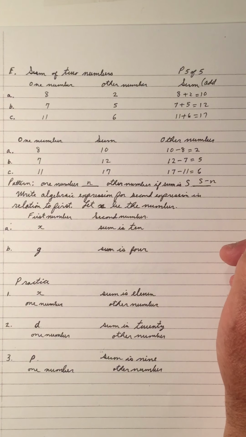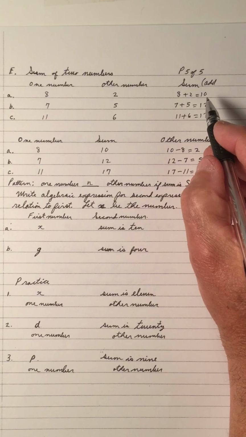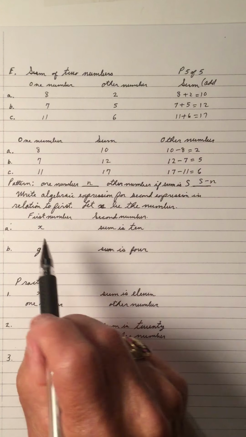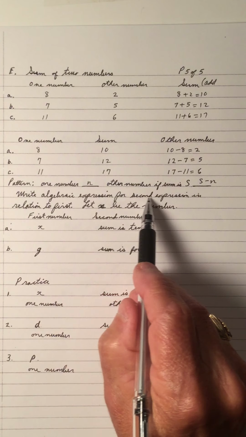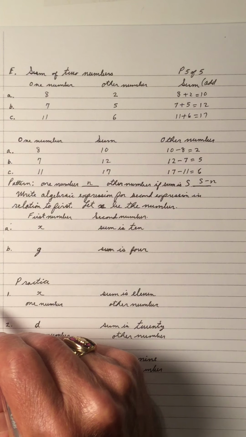Again, look at the pattern. If the sum is 10 and one number is 8, then you subtract to get the 2. Write an algebraic expression for the second number in relation to the first. Let x be the number in this one, or g be the number in this one.